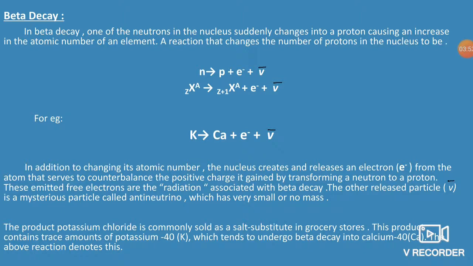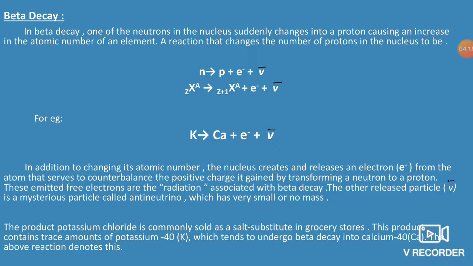In the next reaction, we can see that the parent nucleus is X, with atomic number Z and mass number A, which gives birth to a daughter nucleus that has an atomic number Z plus 1, an electron and an antineutrino. You can see, for example, potassium, which is a parent nucleus. The daughter nucleus formed is calcium, which has atomic number 20, where potassium has 19.